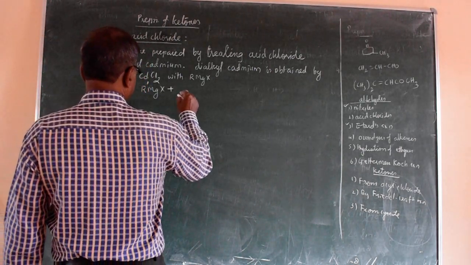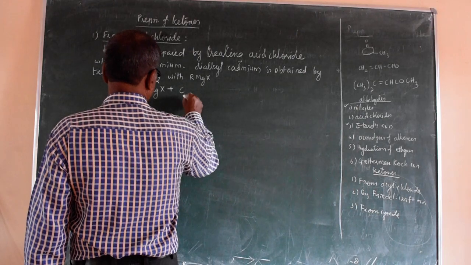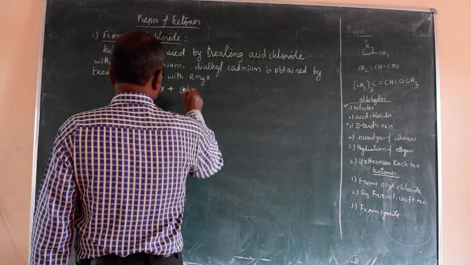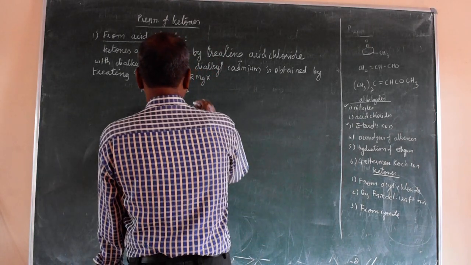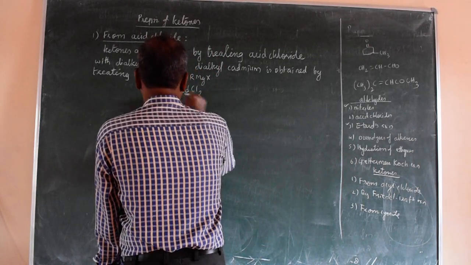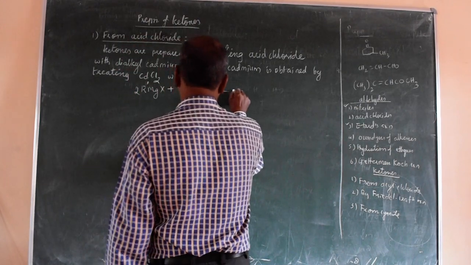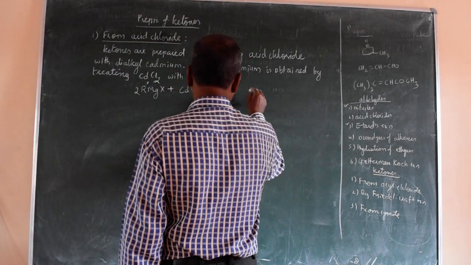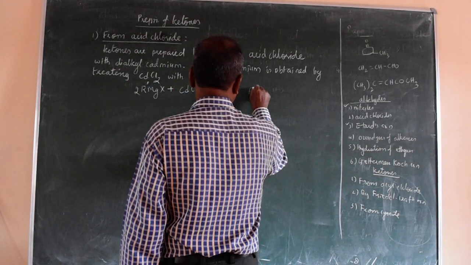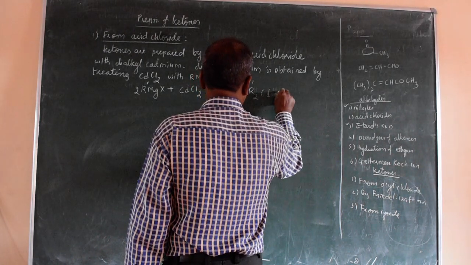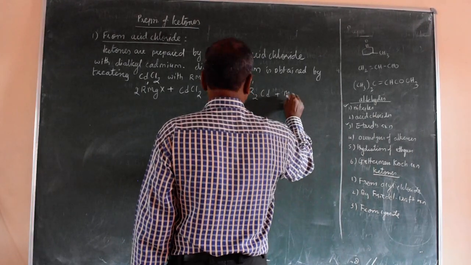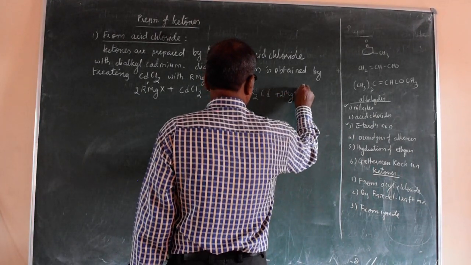So 2 RMgX plus cadmium chloride, CdCl2. The product is R2Cd and 2 MgXCl.